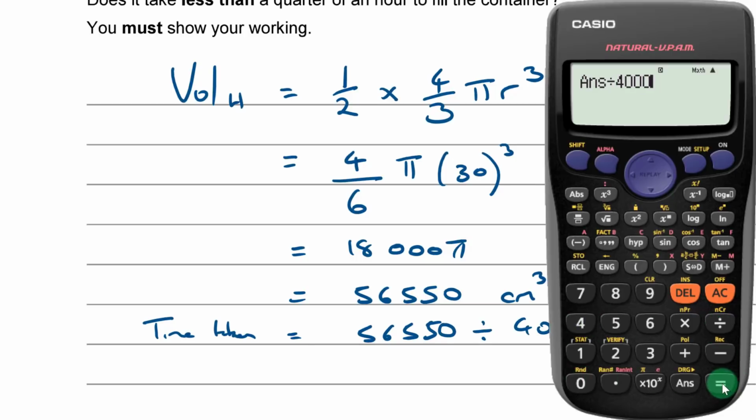Now I've written down the rounded off amount, but I'm just going to use the one that's still in my calculator, and divide that by 4,000 to retain accuracy. And I'm told that is 14.137, which I'm going to round off to 3 significant figures, which is 14.1. So that is in what, minutes?